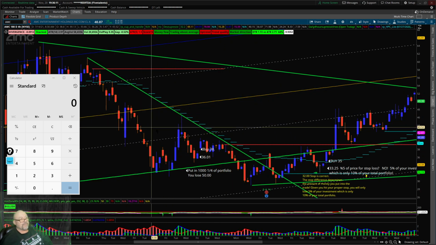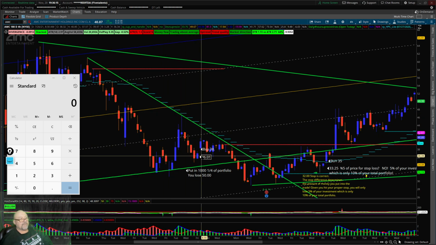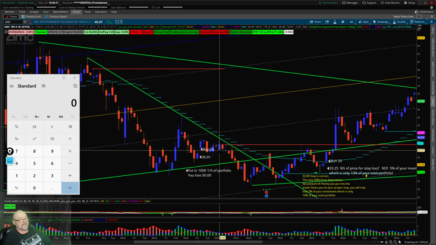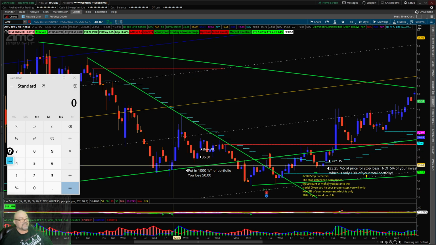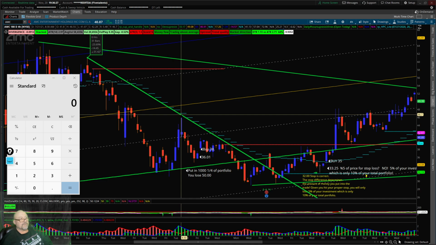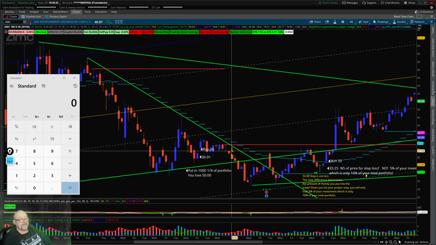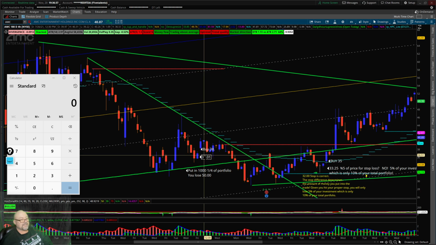So you're below the moving average. It tested it once, got rejected. You're in a downtrend. Here's the downtrend resistance line, and you're ready to come in here because it set a higher low. Well, where's the higher high though? Not only that, you're underneath the trend line. Bad trade, bad stop loss understanding.